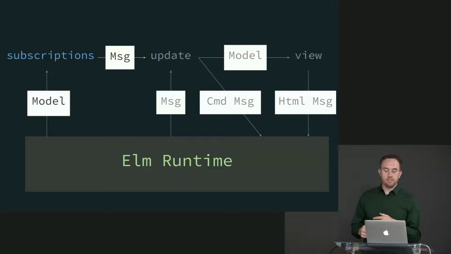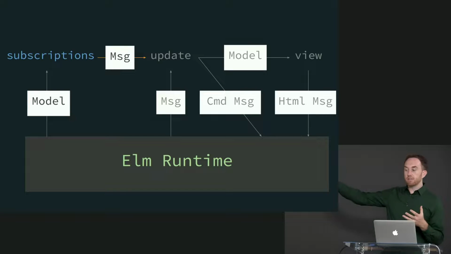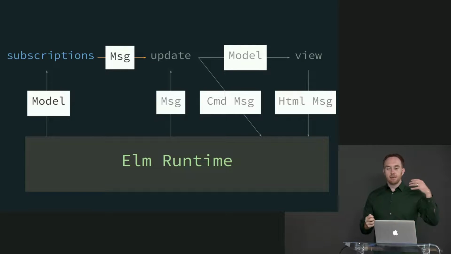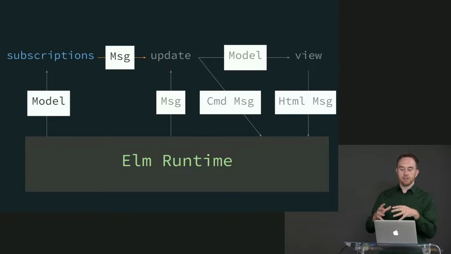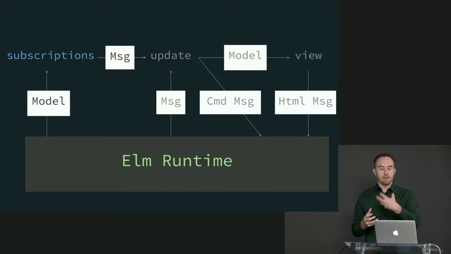You can also use this to subscribe to WebSockets and say, every time the server sends me something, regardless of what's going on, I want you to send this message to update. And again, fundamentally, this is going to be sending messages to update. There's nothing else that they do other than specify things that result in messages getting sent to update.